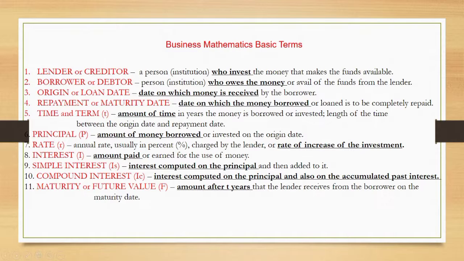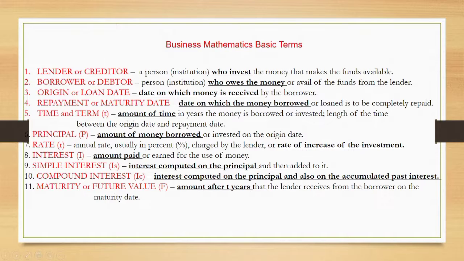While the compound interest or IC is the interest computed on the principal and also on the accumulated past interest. So ito po yung inutang na hindi mo nabayaran in an exact time. That's the reason why natubuan din yung inutang mo, as well as yung interest.